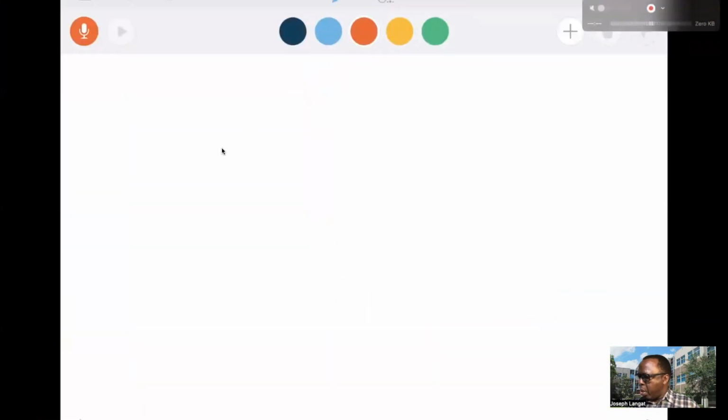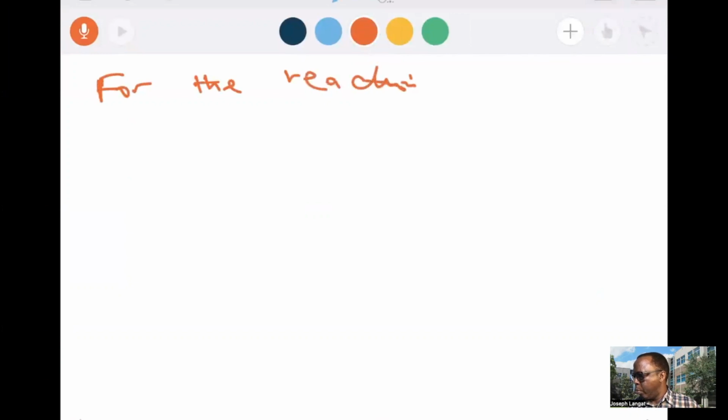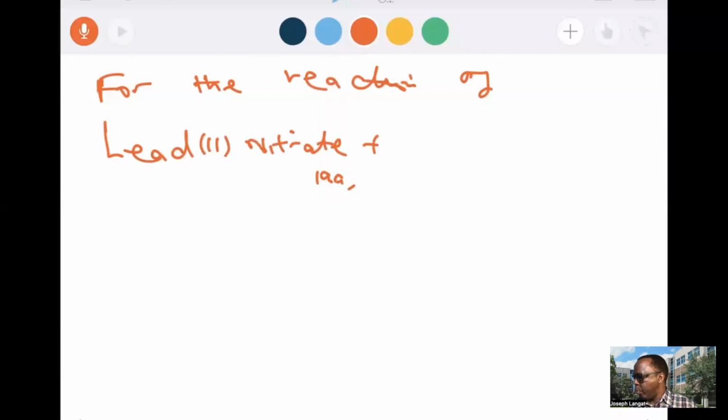If I say write, for lead(II) nitrate, aqueous, plus potassium iodide, aqueous.